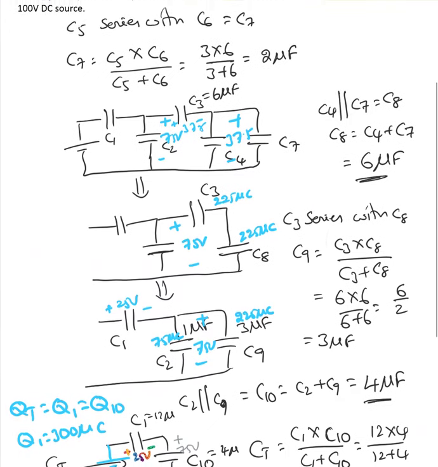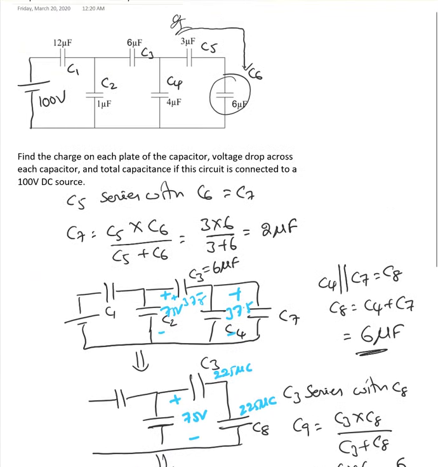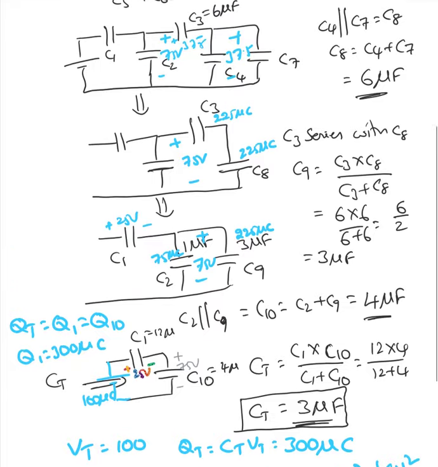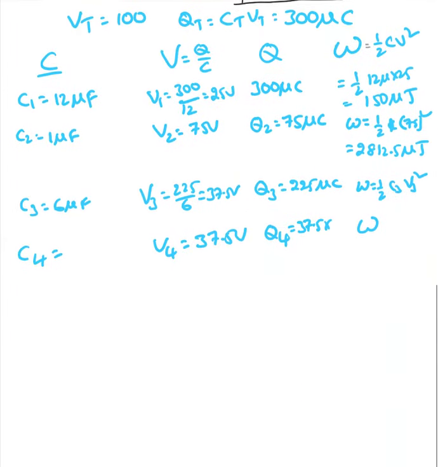Now go back to the original circuit. Here it is 37.5 volt. Do we know the charge Q4? From here I can find Q4 equal to 37.5 times C4. C4 equal to 4 micro.